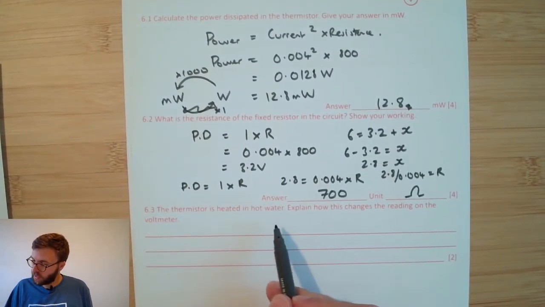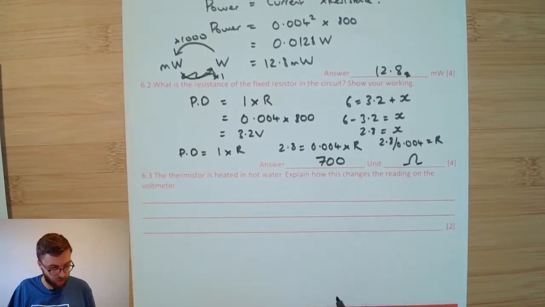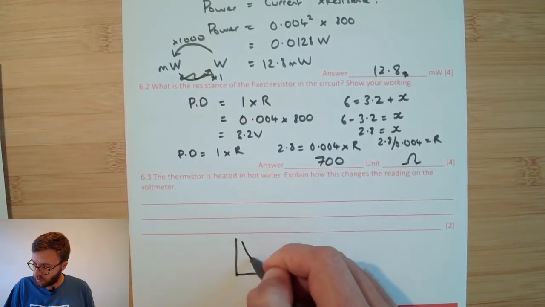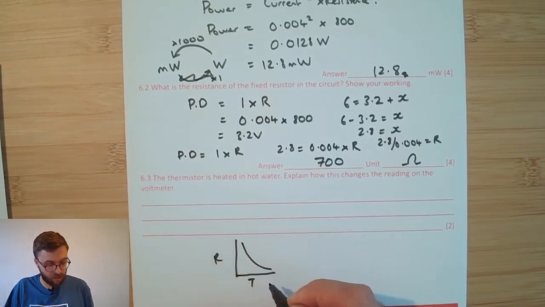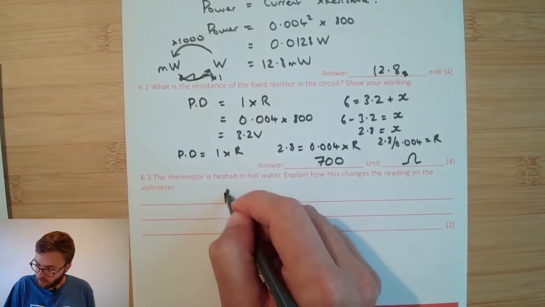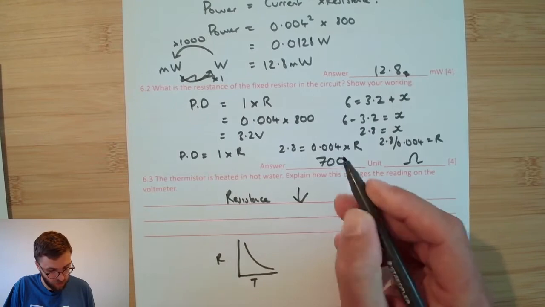Okay, the thermostat is heated in hot water. Explain how this changes the reading on the voltmeter. Well, we know that as the temperature increases on the thermostat, the resistance decreases. So therefore, as it's heated, the resistance of the thermostat will decrease.